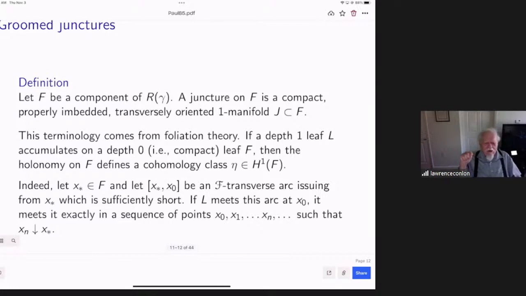If you start with a base point on the compact leaf F, look at a compact transverse arc issuing from that base point, and make it sufficiently short, then if L meets this arc at x naught, it will meet it exactly in points accumulating on x star.